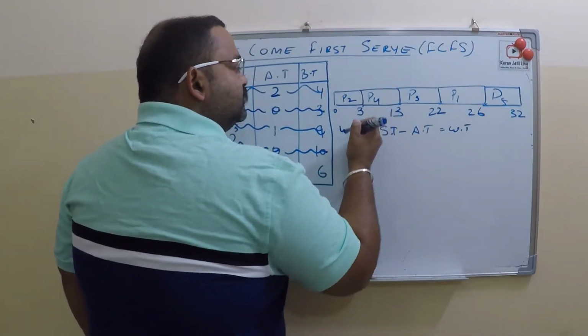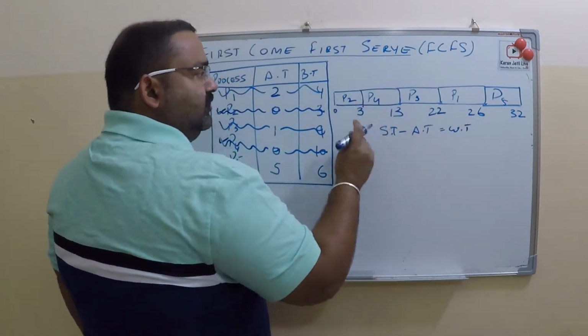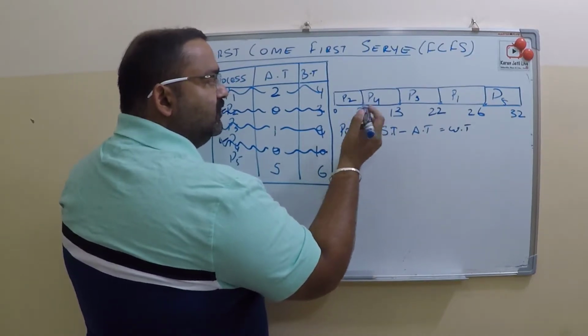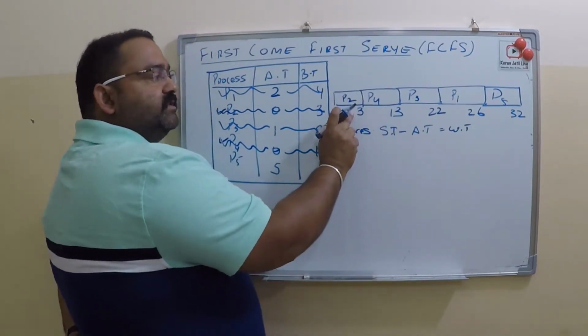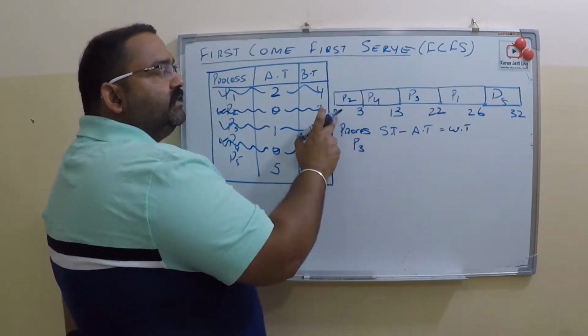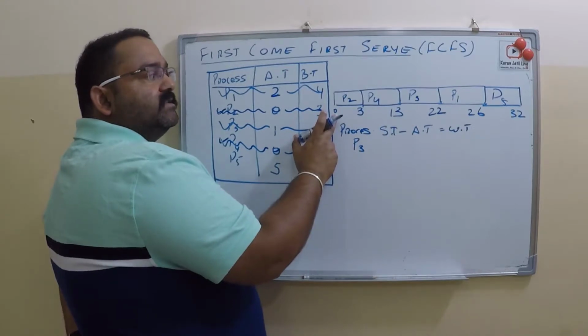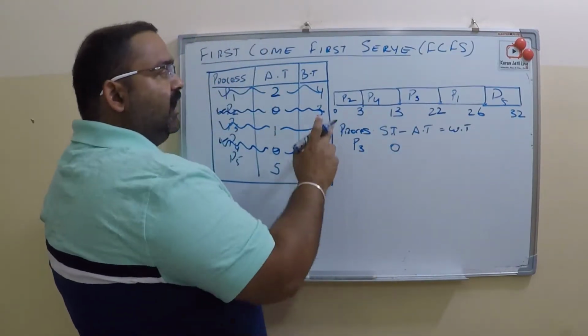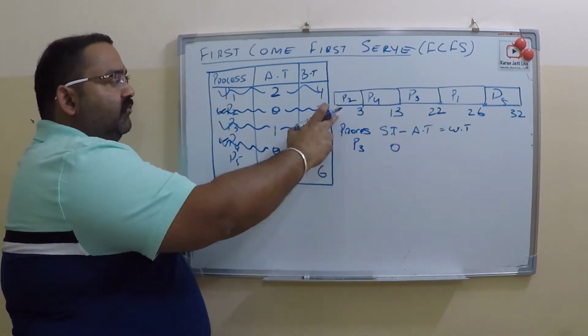Now suppose these are our processes, make a table. For the first process, P3, at what time it started? It started at time 0. And what was the arrival time of P3?